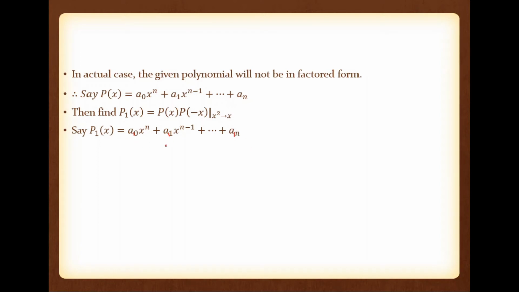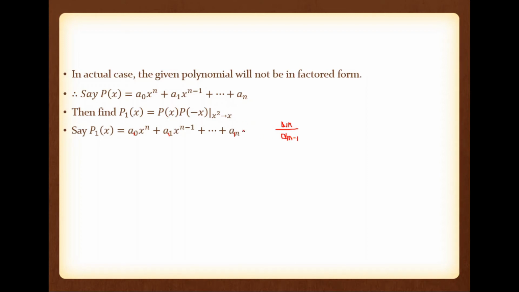Its root, by using coefficients we can find the roots. It will not be accurate, but by using coefficients we can find. So the method is, take, for example, one root will be a1n divided by a1n minus 1.